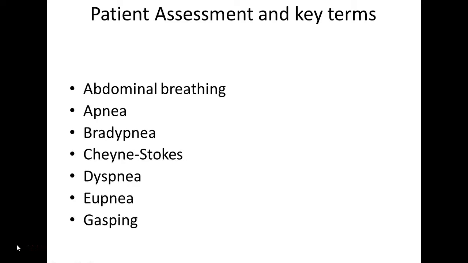Tachypnea, which is not listed on here, is an increased respiratory rate, so that would be greater than 20. Hypoxemia, an important term, is a decreased blood oxygen level. Another very important term, orthopnea. If someone has orthopnea, they can only breathe in an upright position.